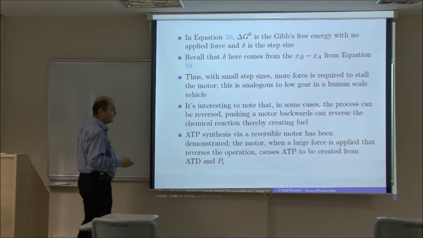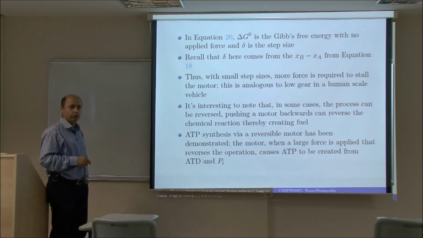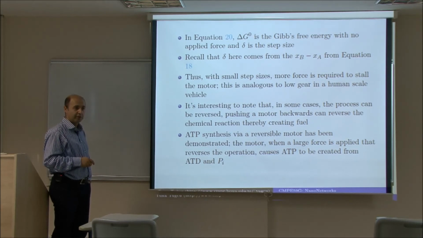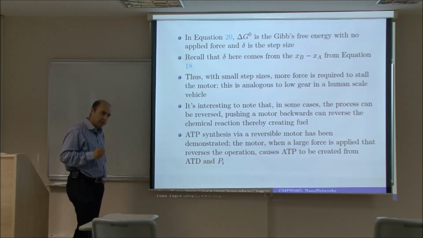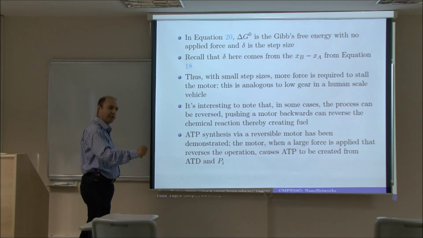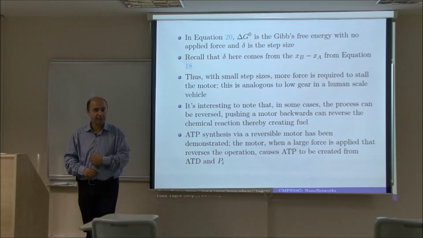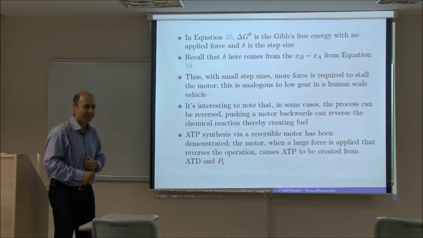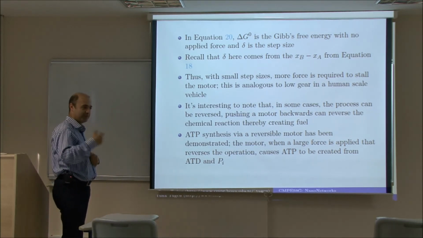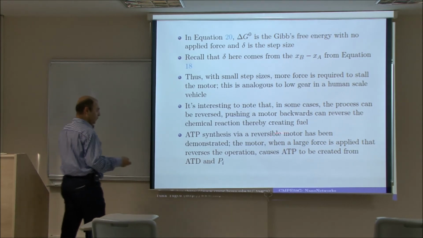In some cases, the process can also be reversed, which means, remember, when the motor is moving in the forward direction, it's consuming energy. Push the motor backwards, and it will start producing energy. It will convert ADP to ATP in that case, so it will be creating fuel.